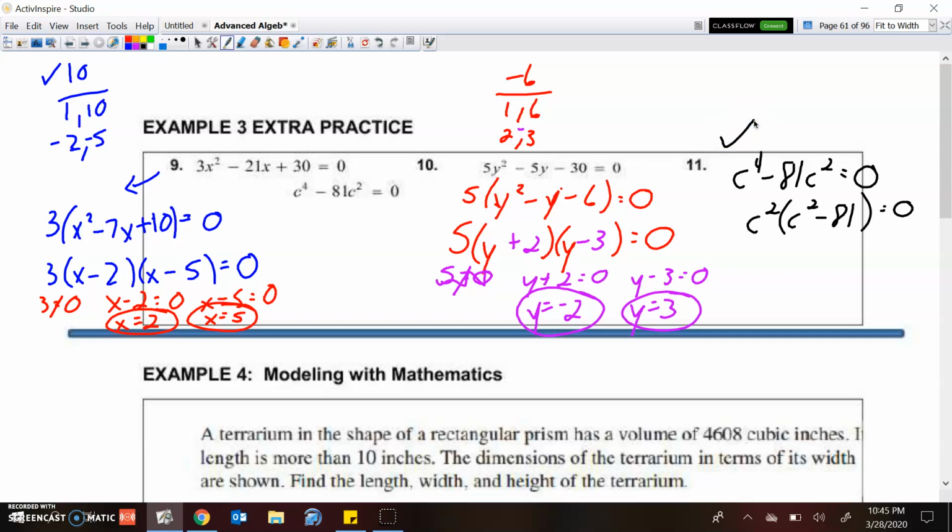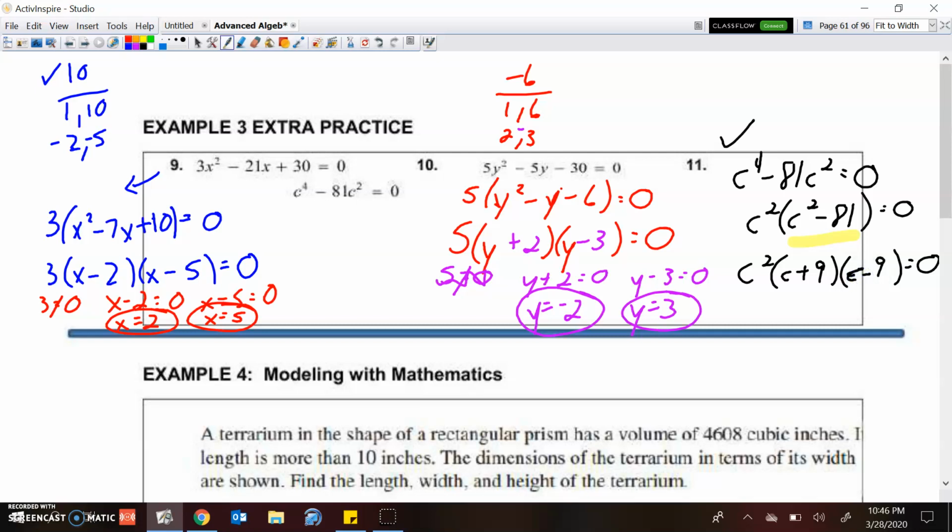Now I look at what's left in the parentheses and say, can this go any further? And it can. That's a difference of 2 squares. So I'm going to have c squared, perfect square, c squared breaks into c and c, 81 breaks into 9 and 9, 1 is plus, 1 is minus. Sorry, this says c minus 9.